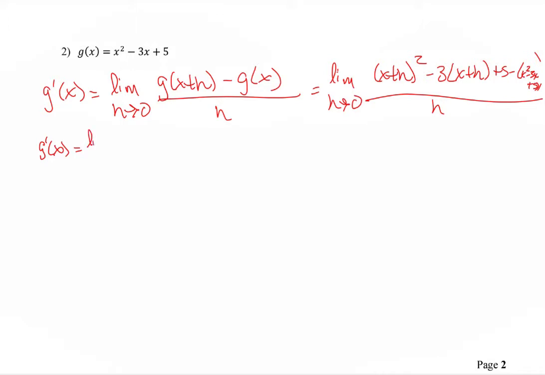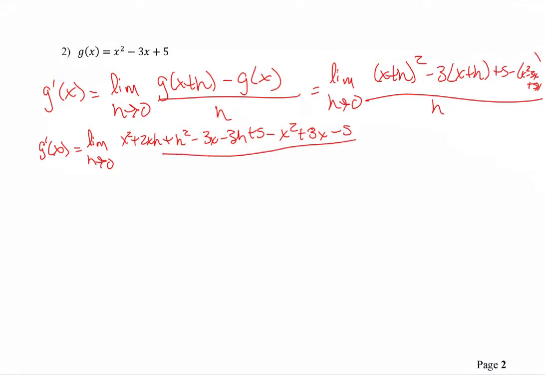So g prime of x equals the limit as h goes to 0 of x squared plus 2xh plus h squared minus 3x minus 3h plus 5 minus x squared plus 3x minus 5 all over h.